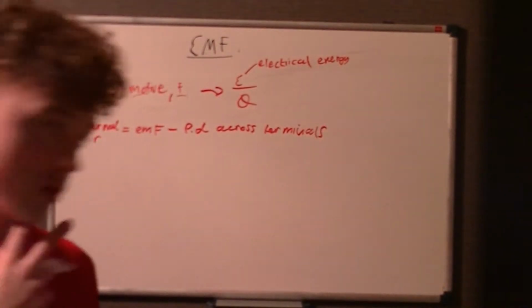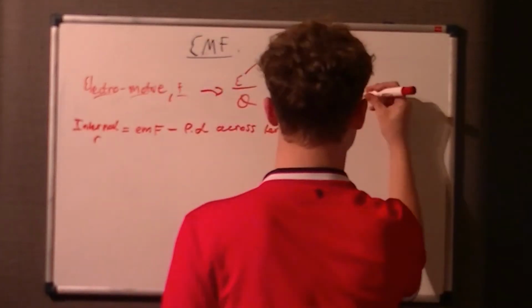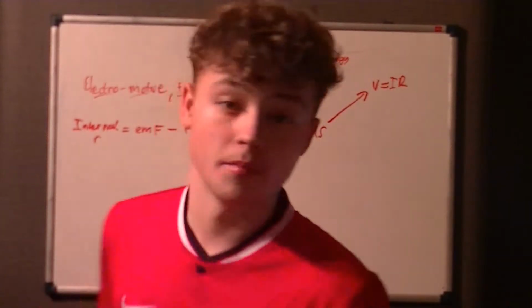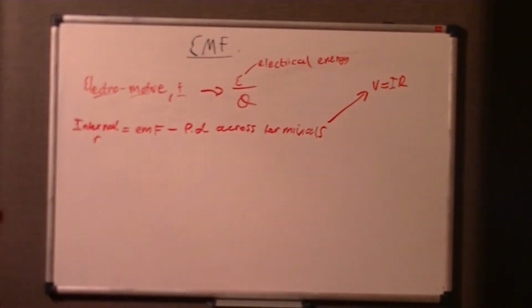So PD across terminals is the same as saying V equals IR. So it's mainly the potential difference that you need to worry about.